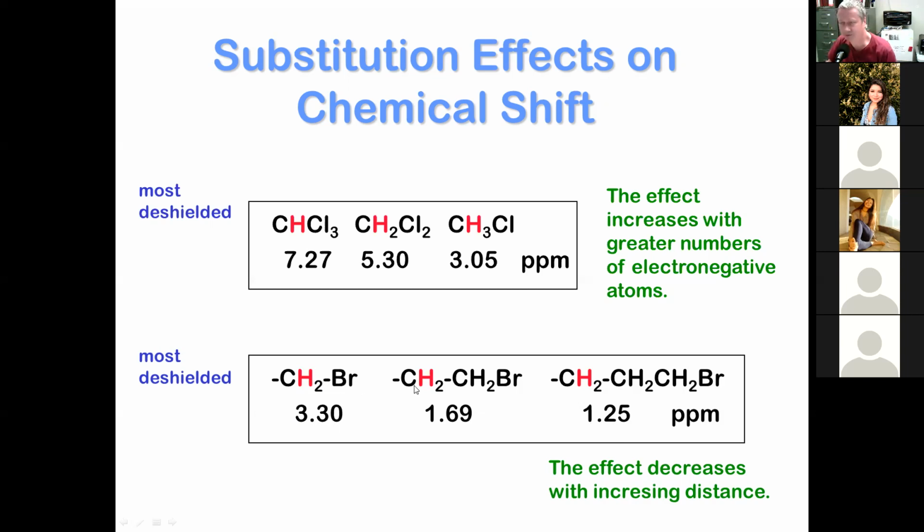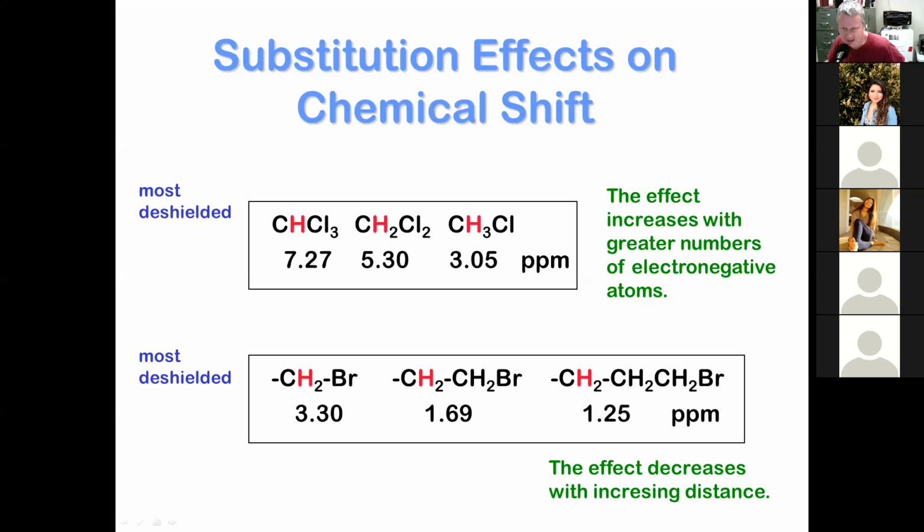This CH2 is a little further from the Br, so it still feels the effect, just a little less. My point is the effect depends on distance, or you could say the effect can travel through a couple of bonds. This CH2 actually feels the effect of that Br, just a little bit. It's far away, but it feels it.